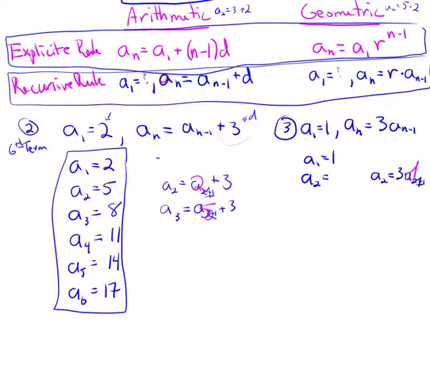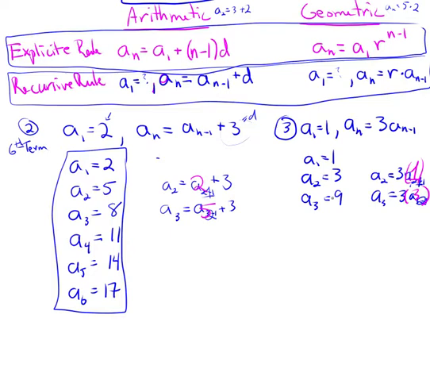So 3 times 1 is 3. A sub 3, the third term, would be 3 times a sub 3 minus 1, so that would be the second term, which is 3. So we'll substitute 3 in. So 3 times 3 is 9.